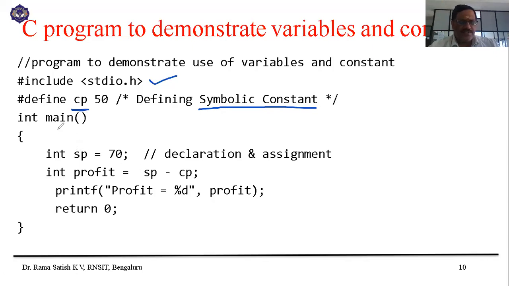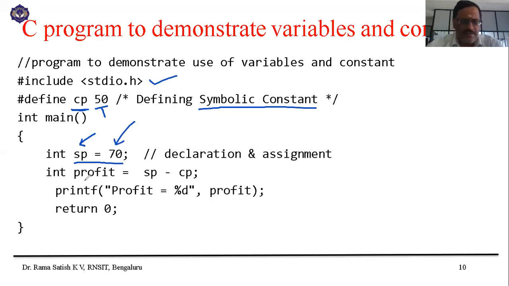I was just talking about the constant. We have created a constant called CP. Its value is 50. And inside main, I'm creating a variable called SP, the selling price, of 70. Here you are declaring SP as an integer, and its value you are giving as 70.